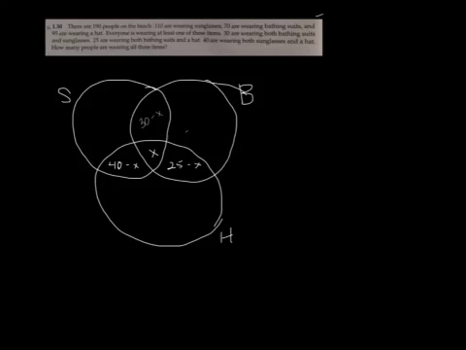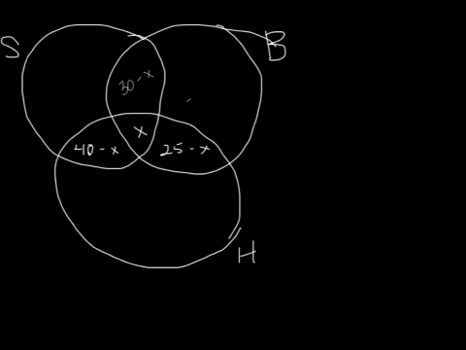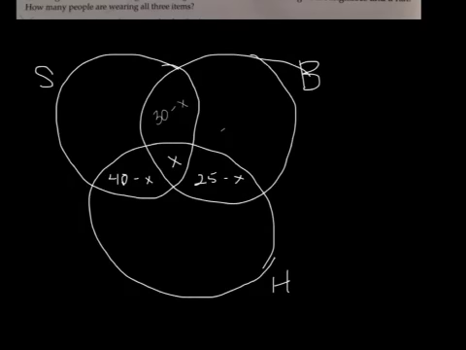So this region is 110 minus this, minus this, minus this. To make it a little bit easier on us, let's add these three up first, and then just subtract that from 110. You see what I mean?